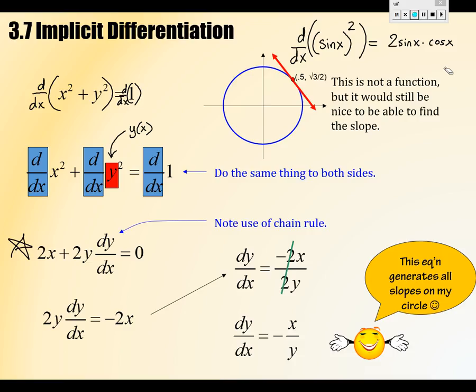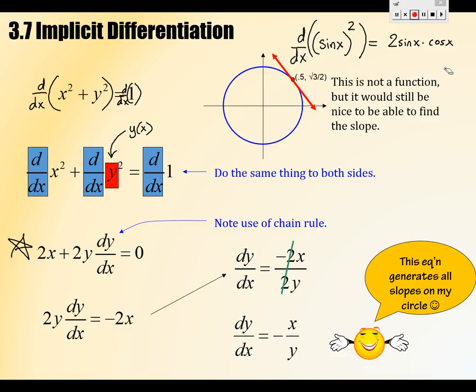But the point is, we can definitely still find slopes using this formula. First, we might need to find the point x comma y. We might need information not just about x. But this still does the job of finding slopes anywhere on this circle. What's the slope when x is 0? Regardless of what you get for y from this equation, if x is 0, you'll get a slope of 0, which confirms.